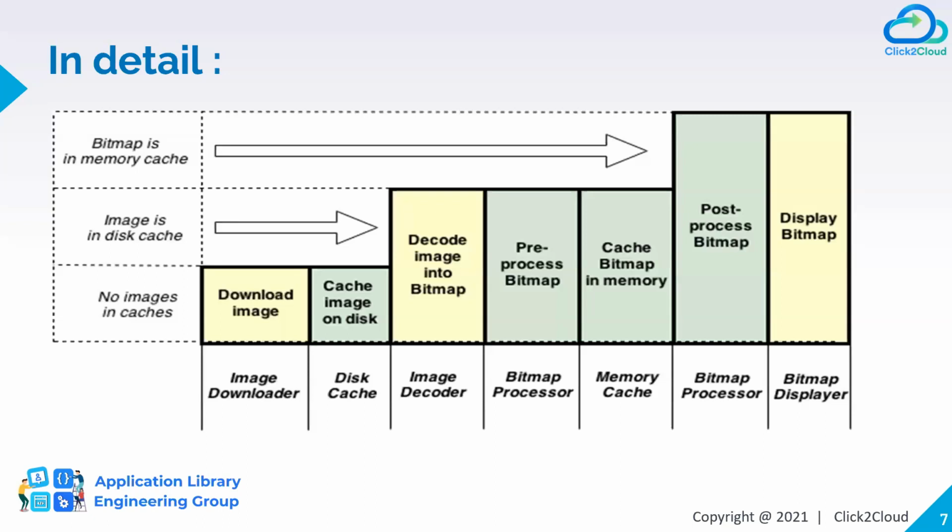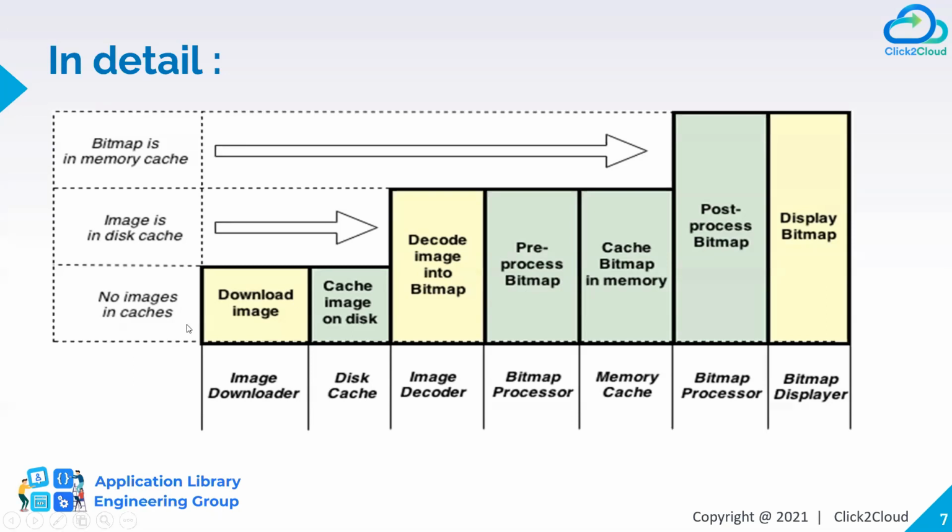And if we talk about the second scenario, the image is present in disk cache. For that, first we have to take that image and decode it into a bitmap, then pre-process that bitmap, then put it into memory cache, and then post-process the bitmap and load it into the image view.